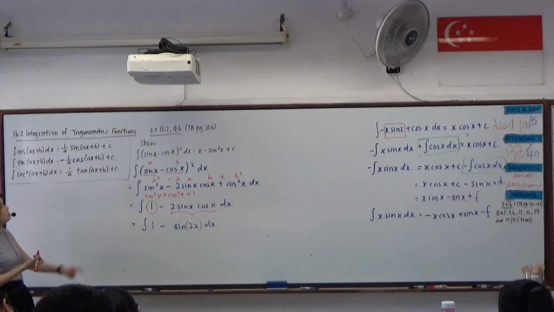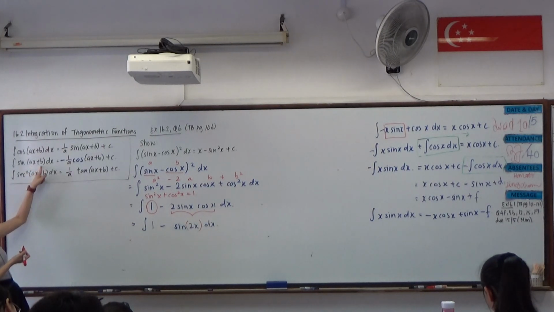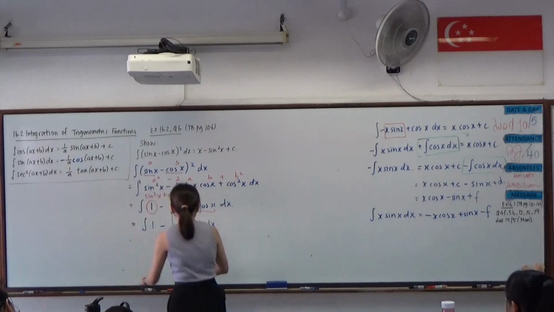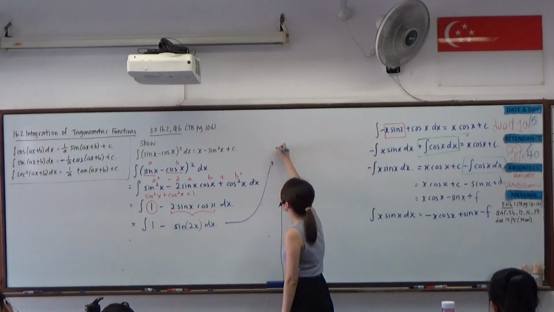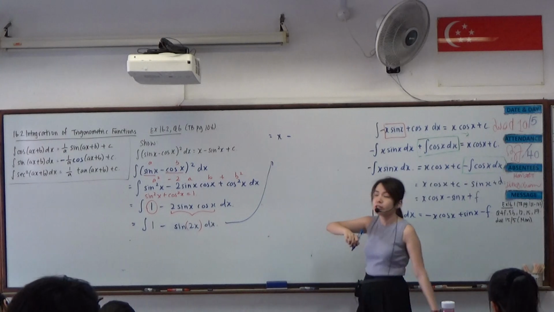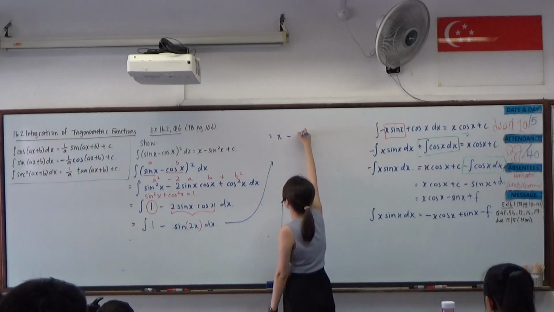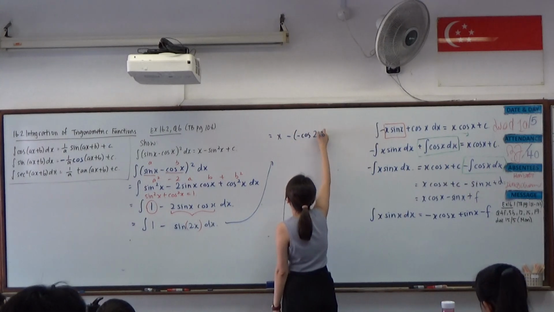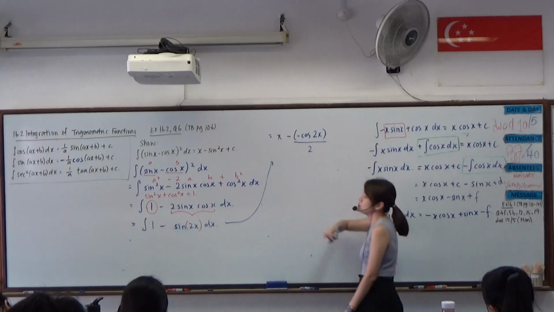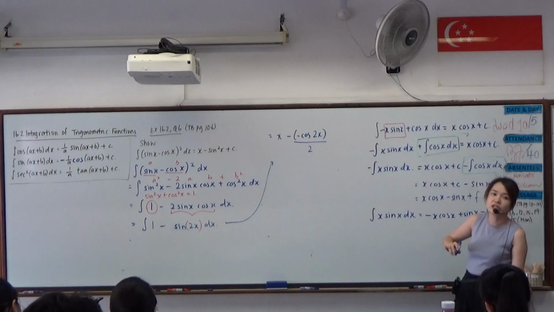It is linear, in the form ax + b, just that b is 0. So now we begin the integration. Integrating 1 is x, and integrating sine, we will get negative cos 2x, not forgetting to divide by 2 because that's the coefficient of x.